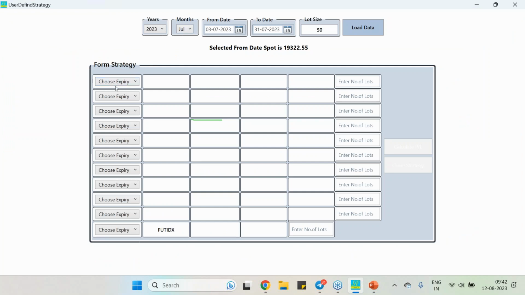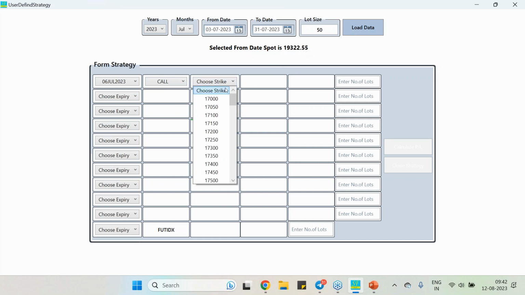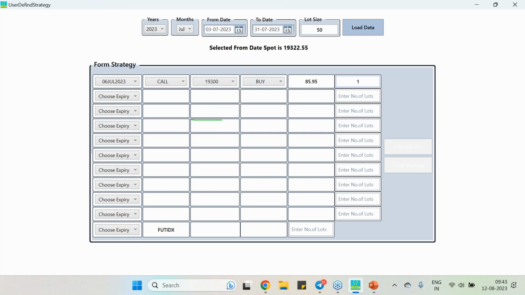Suppose in the July month we are starting from 3rd July. On 3rd July, Nifty is at 19,300. Say I am forming a debit call spread. I am going for the 19,300 call option, buying one lot, and going for some 150 or 200 points, any assumption.